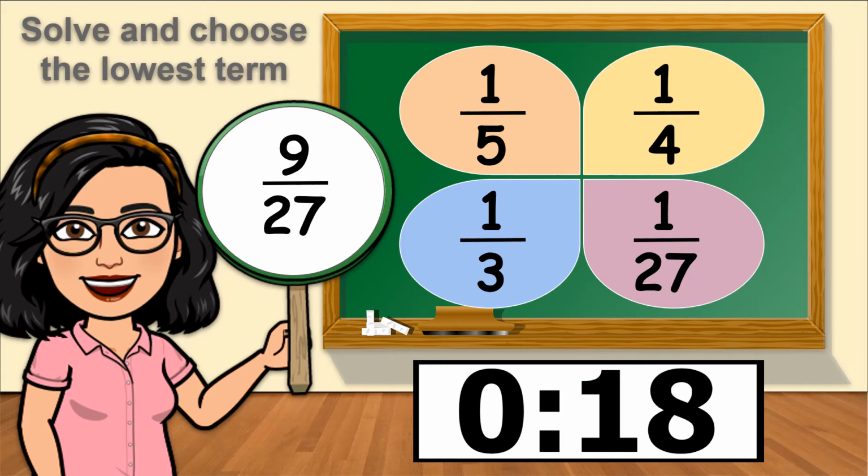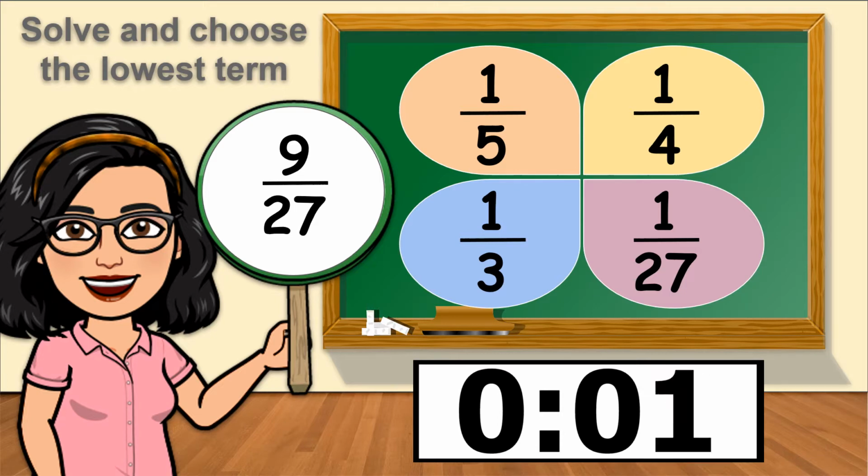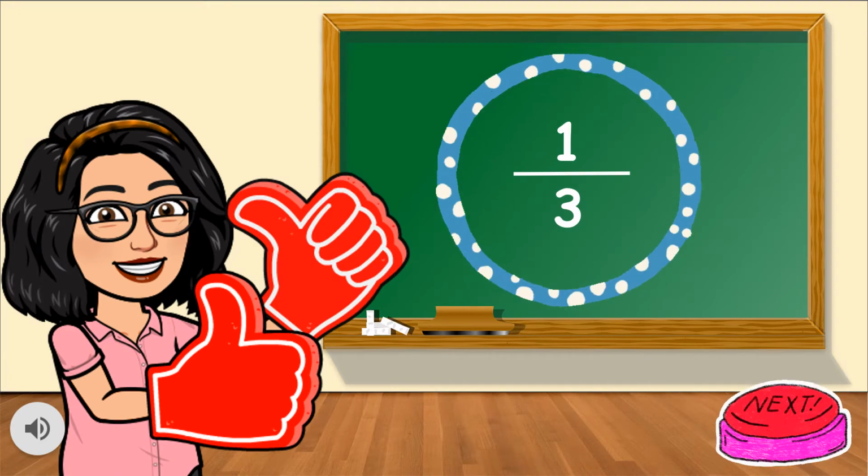Lowest term of 9 over 27. 9 over 27. If your answer is 1 over 3, you are correct.